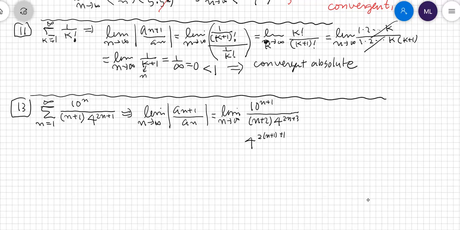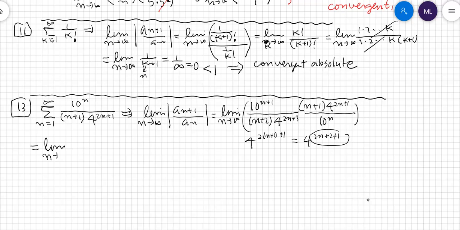Everything is positive, so I don't need to put absolute value. So this is, again, the limit as n goes to infinity.